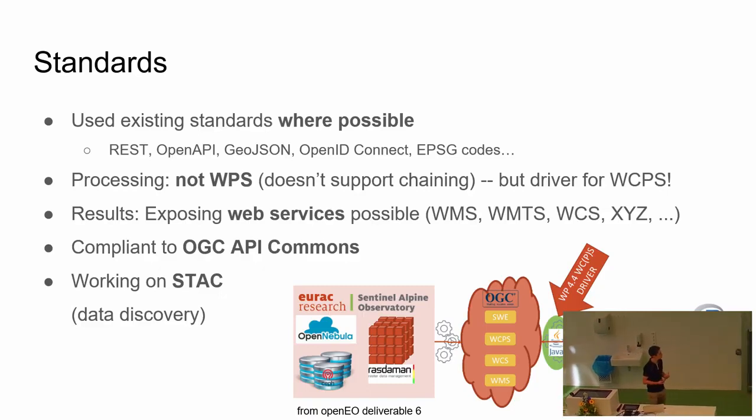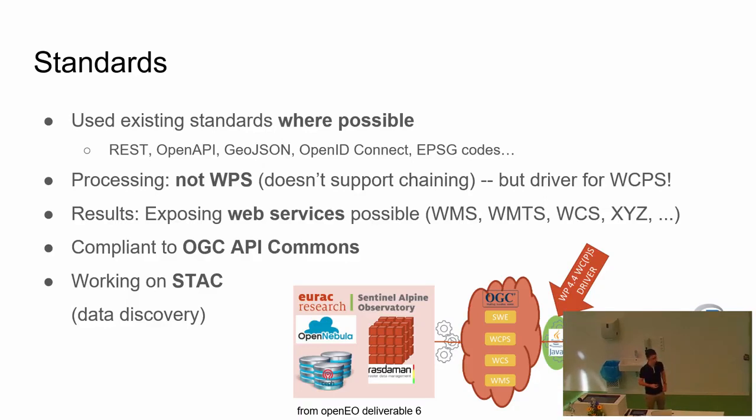The results that you get can be exposed via any web service like WMS or just a tilemap server. The whole API is compliant to the upcoming OGC API Core API Commons part.